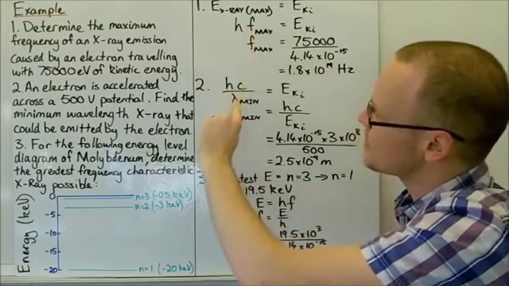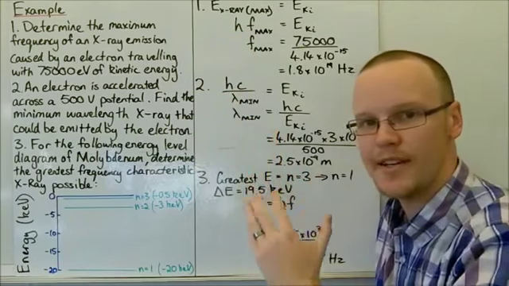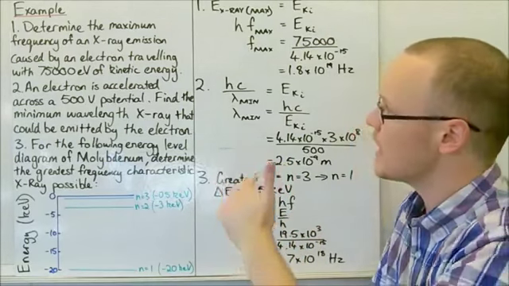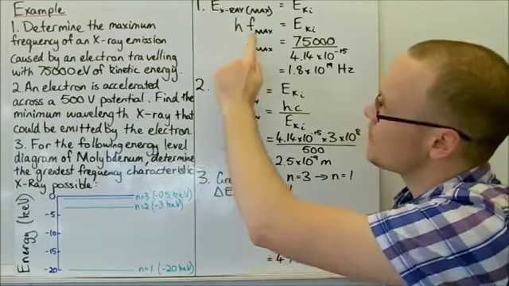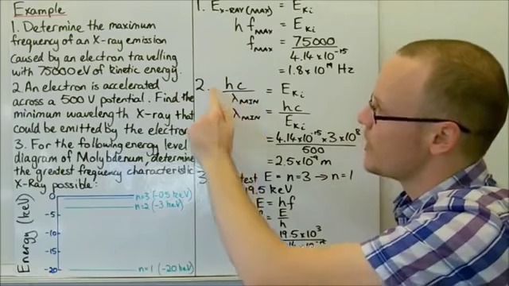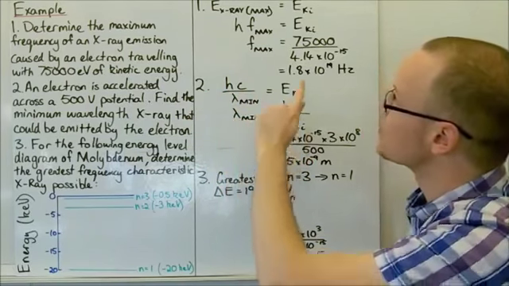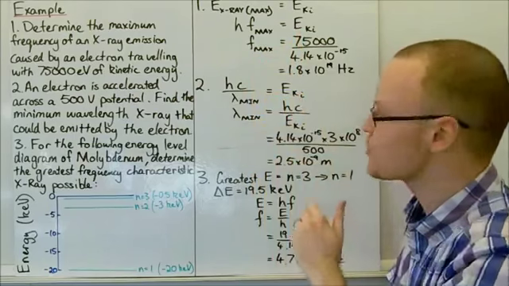Okay, so f is going to be c on lambda. Once again, there is an inverse relationship between frequency and wavelength. So the maximum frequency will be the minimum wavelength. So here, hc on lambda minimum is going to be equal to the kinetic energy of our electron.